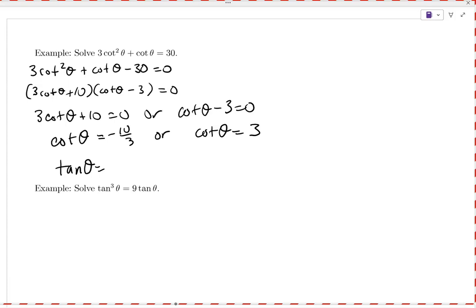What do I need to do to convert it to a statement about tangent? Flip it, good. So tangent of theta is negative 3/10, or tangent of theta is 1/3. So for the first one, we want to do our inverse tangent of negative 3/10.